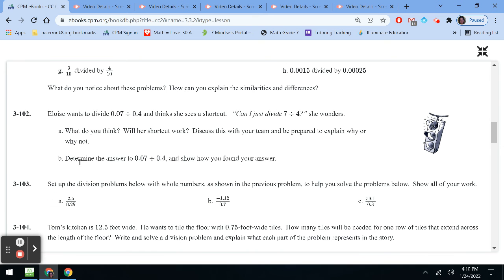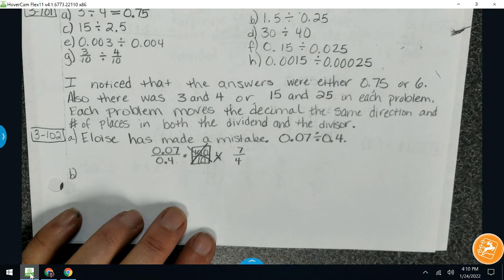So for Bravo, determine the answer to 0 and 7 hundredths divided by 4 tenths and show how you found your answer. So to do this, we're going to go back over here. What we're going to do on this problem for Bravo is that I need to set up the long division to do this.